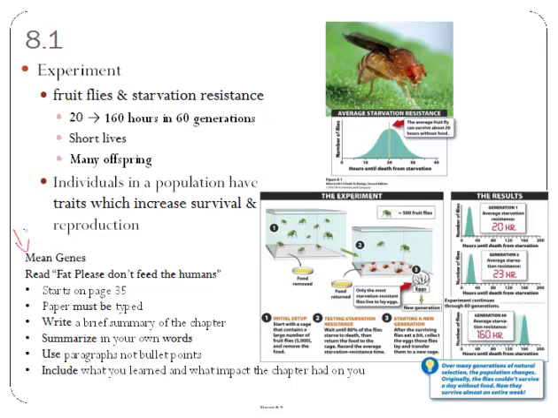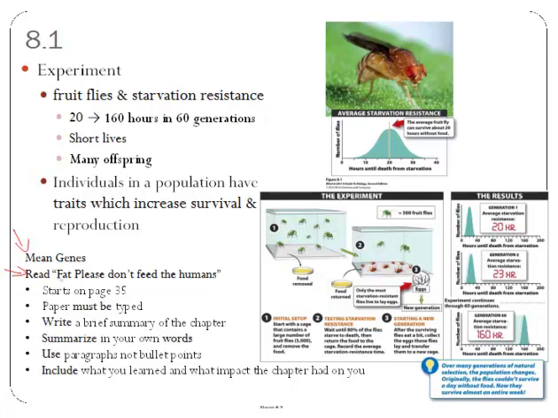So in your Mean Genes book, there's a chapter that starts on page 35 called Fat, Please Don't Feed the Humans, and it looks at human history and the fact that historically humans could go through periods of abundance, so lots and lots of food available, and also periods of starvation, where there was so little food available, many starved, and some obviously survived.